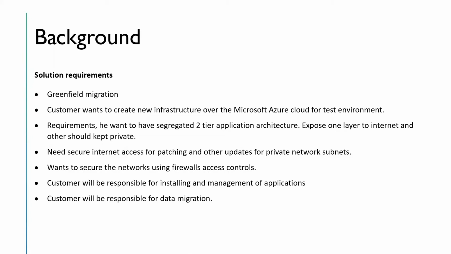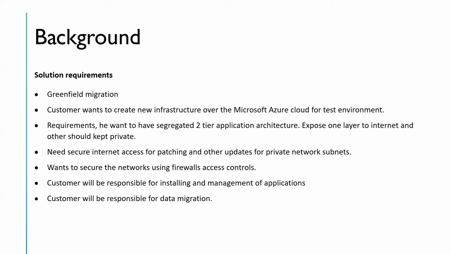They want to expose only one network to the internet and keep the other private, so that in the private network they can deploy their application, and in the exposed layer, or web layer, they will deploy their web servers. They also need secure internet access on the private subnets so that servers can download patches. We will use a firewall for that to control the access. They also want to deploy a network firewall to control the access.